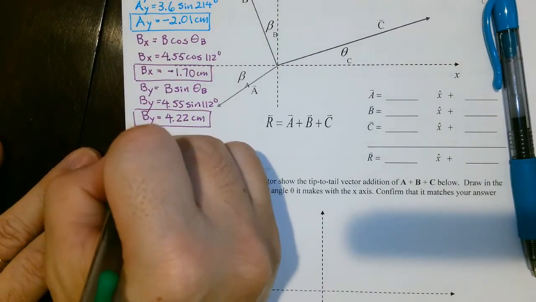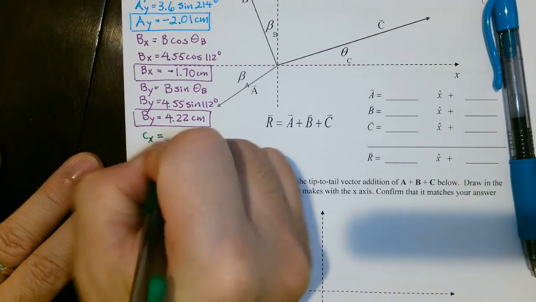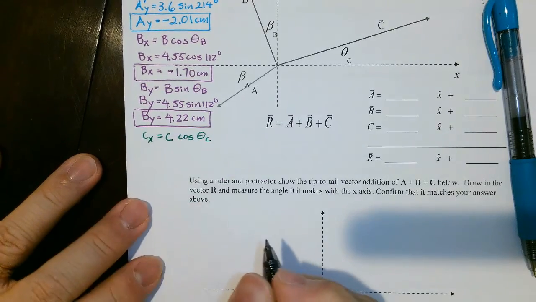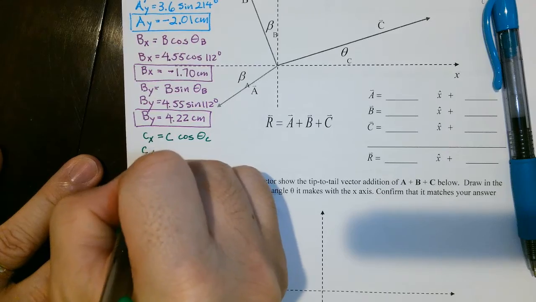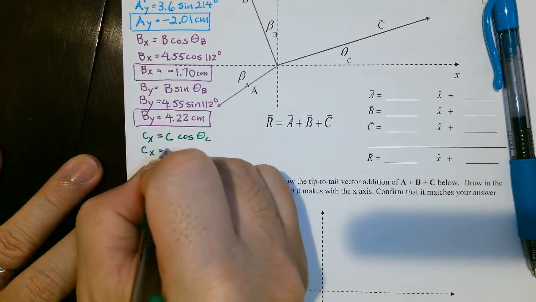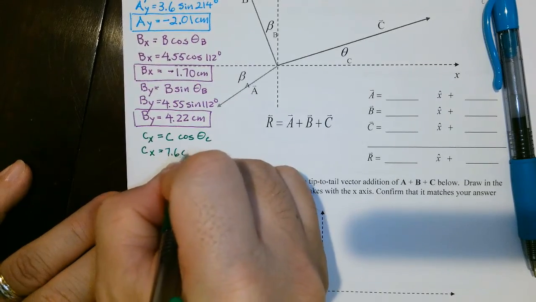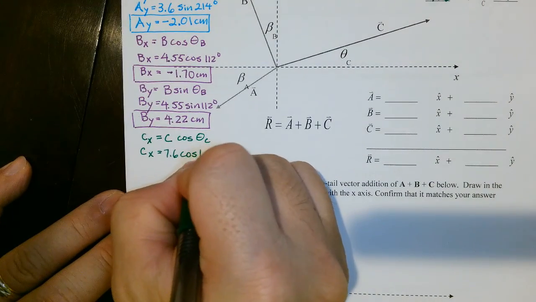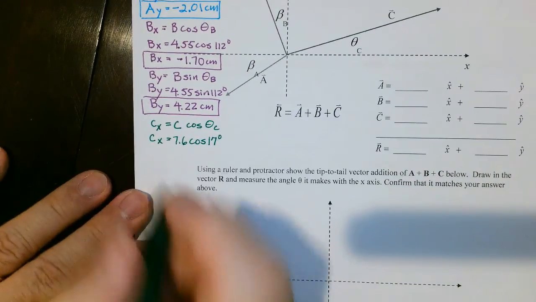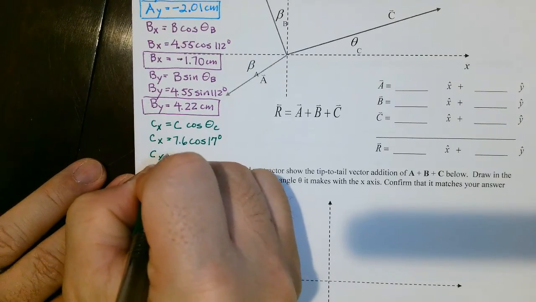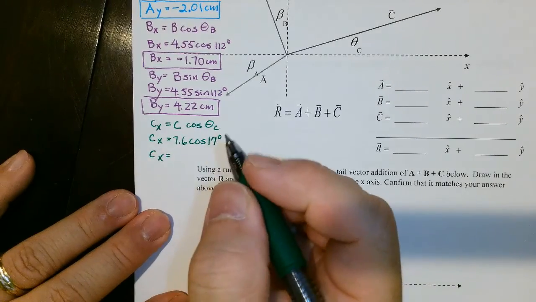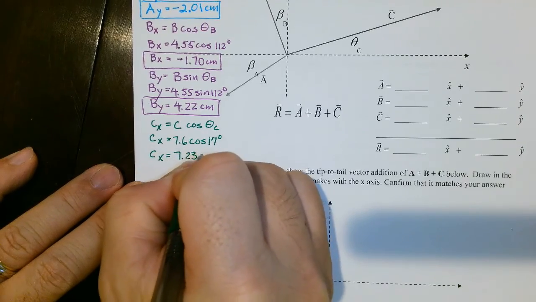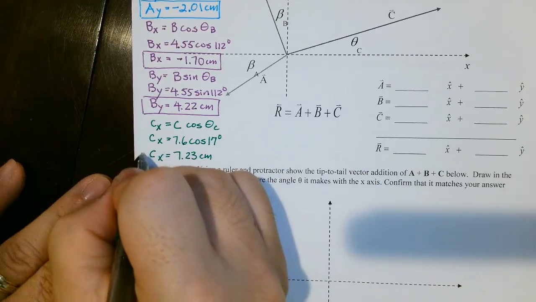Then your Cx is equal to C times cosine of theta C, and your Cx is equal to 7.6 times cosine of 17 degrees, which is 7.23 centimeters.